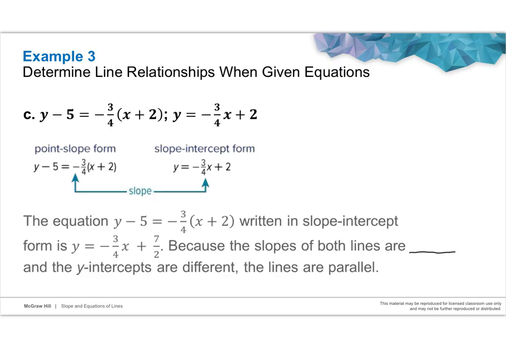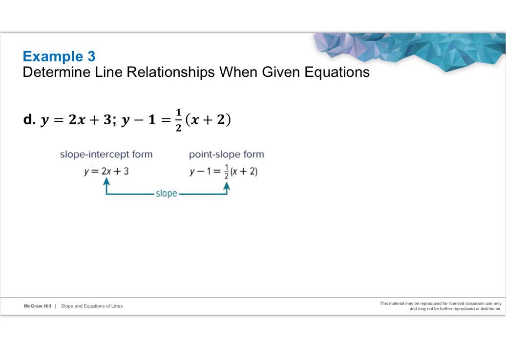So again, we want to find those slopes, which is going to be the coefficient in front of the x parenthesis or the coefficient of just the x term. In this particular case, our slopes are going to be equal, and so those lines will be parallel.